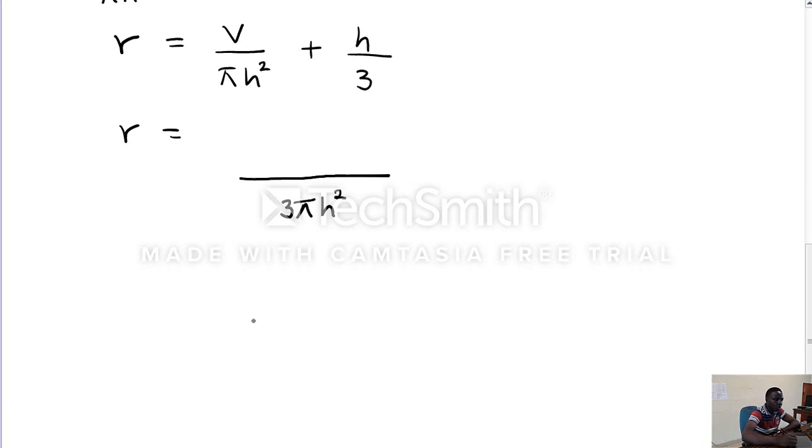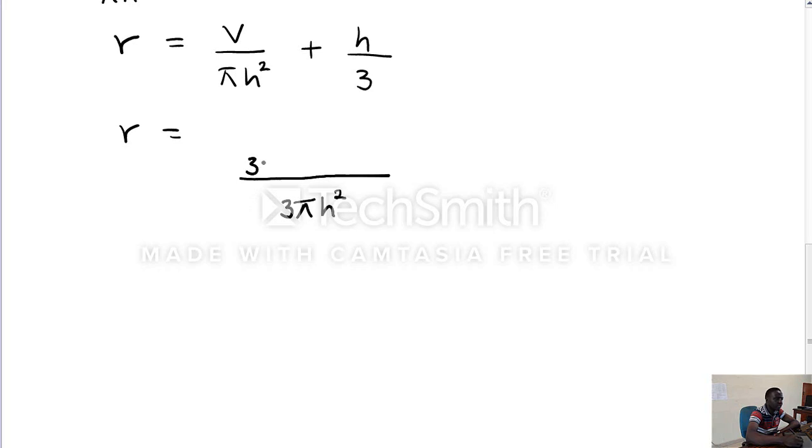So for us to get the new numerators, we are going to use the new denominator to divide each of the old denominators, multiplying it by the old numerators to get our new numerators. That will be 3 pi h squared divided by pi h squared, which is 3, times v will give us 3v.